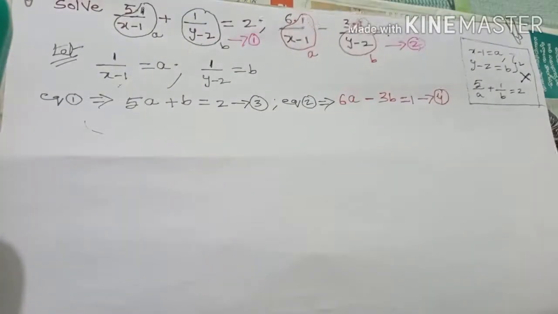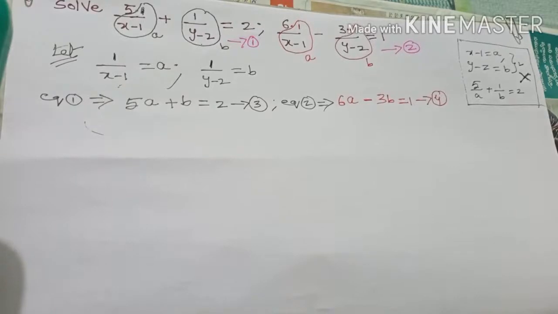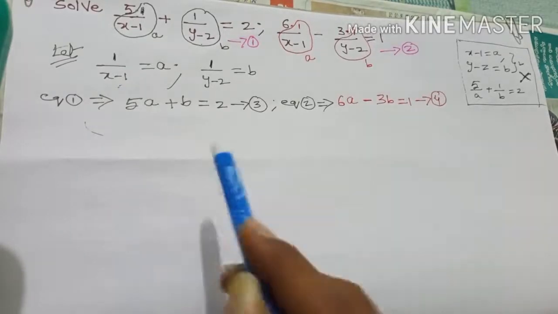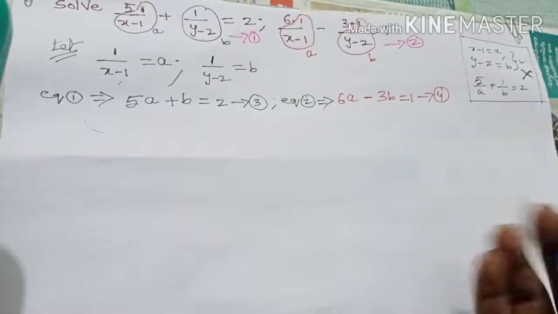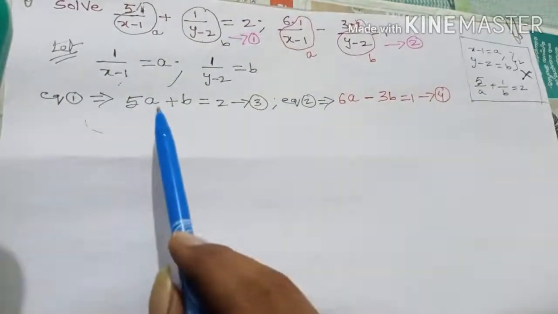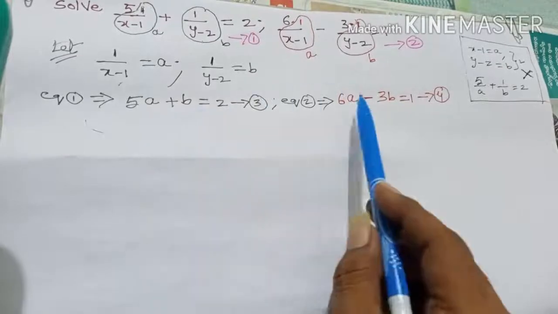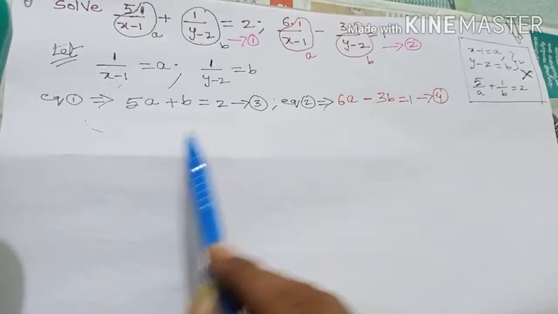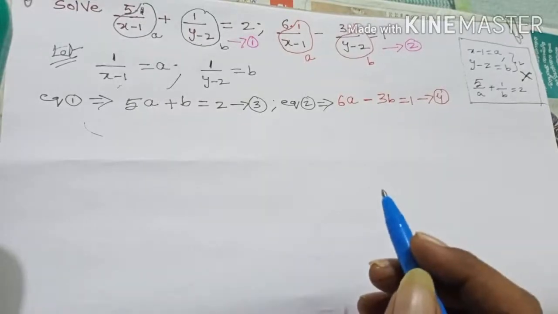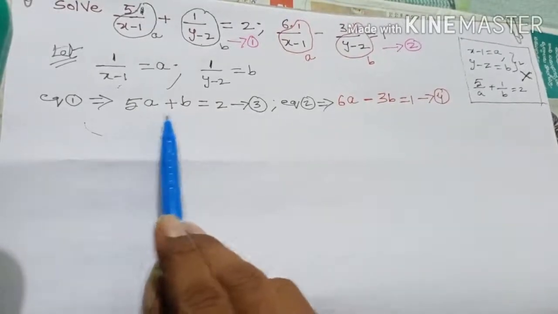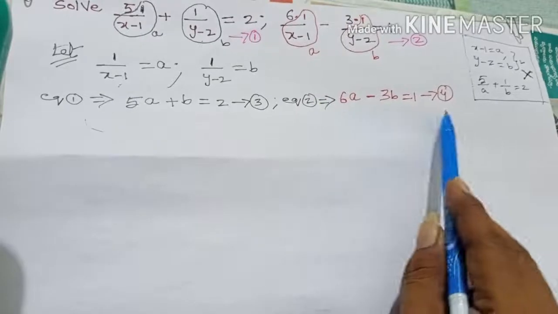Now, if you observe equation 3 and equation 4, these two make a pair of linear equations. Okay, here the variables are in numerators only. Therefore, it is very easy for us to solve. Why? Because we have already learned how to solve these types of linear equations.